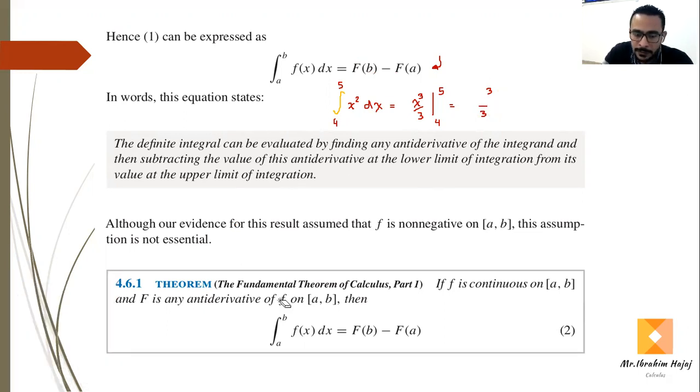We are substituting 5 for x, minus 4 for x again to the power of 3, and then find your final answer. Because here F uppercase represents the antiderivative of this function f. So f lowercase of x is x squared, and F uppercase is x cubed over 3 here. And b is the upper limit and 4 is the lower limit of this integration.